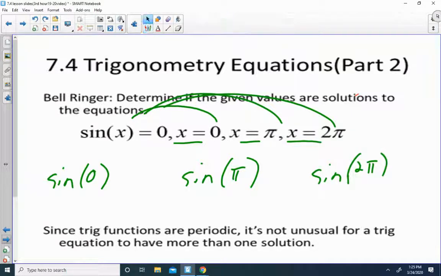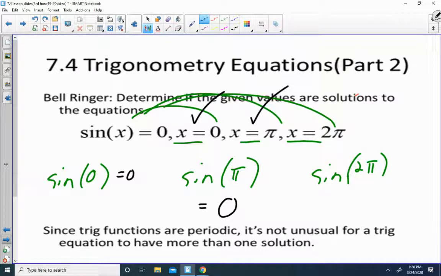If you do sine of 0, you end up getting 0. So that means this one worked. If you do sine of pi in the calculator again, you'll get that as also 0. So that works too. And sine of 2 pi, you will get the same thing. So all 3 of these end up working.